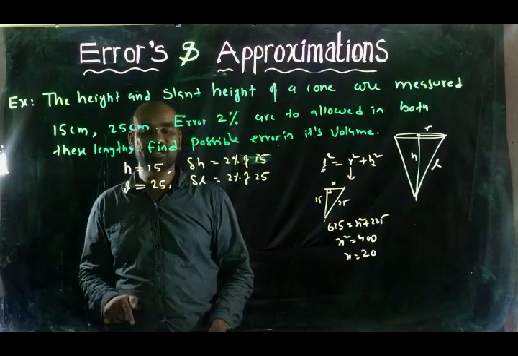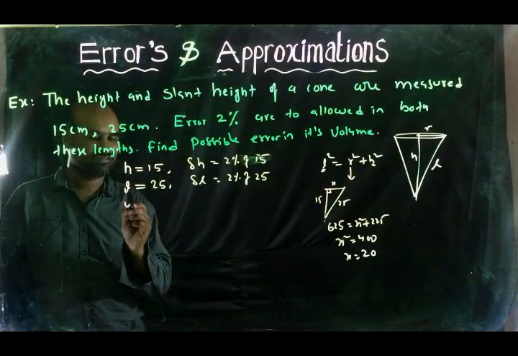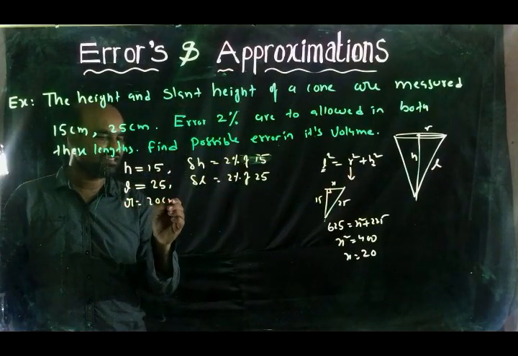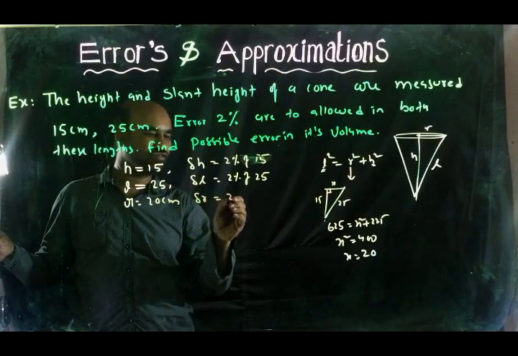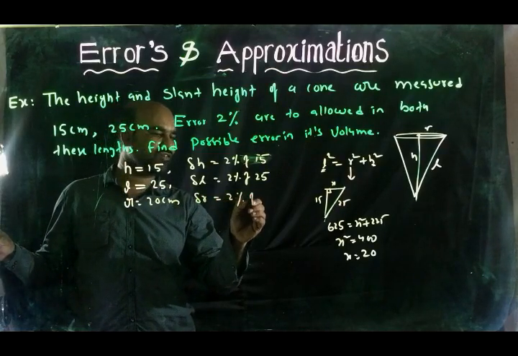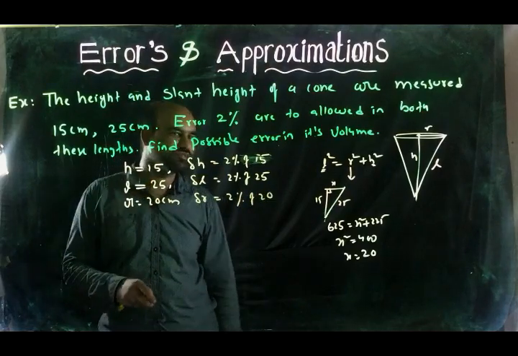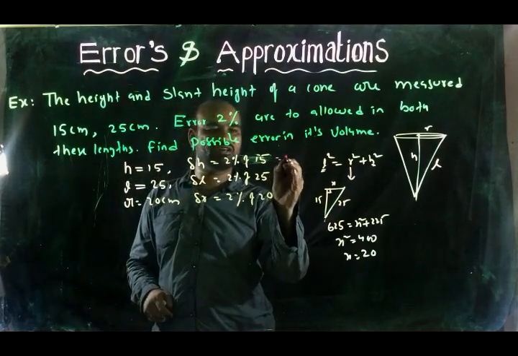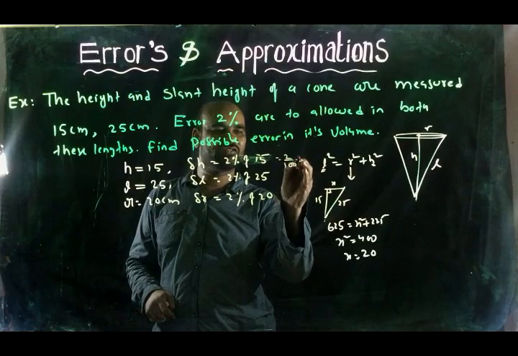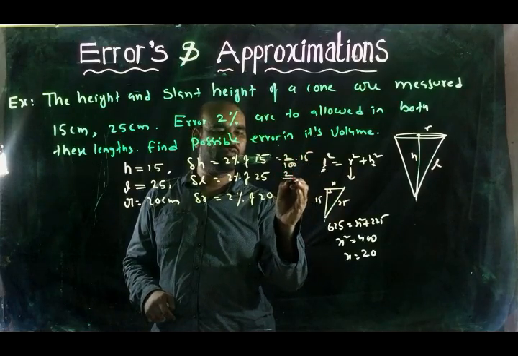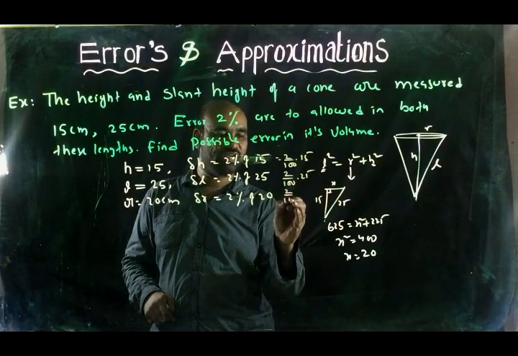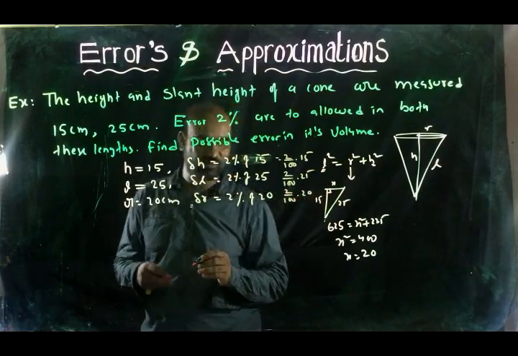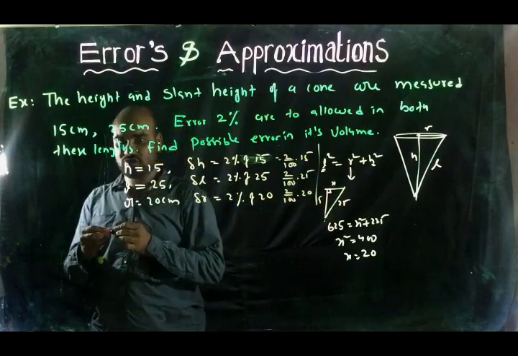So 20 centimeters is the radius. Automatically delta R is also 2% of 20 only. So 2 by 100 into 50, 2 by 100 into 25, 2 by 100 into 20. Later we'll simplify it.